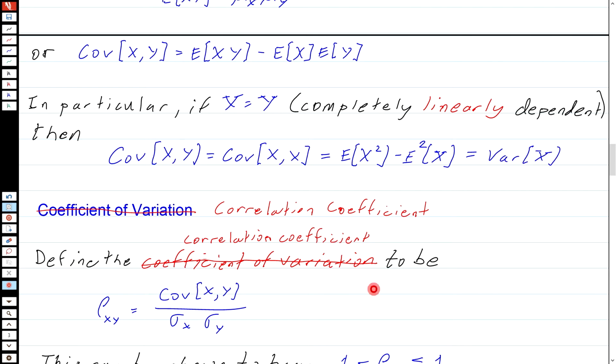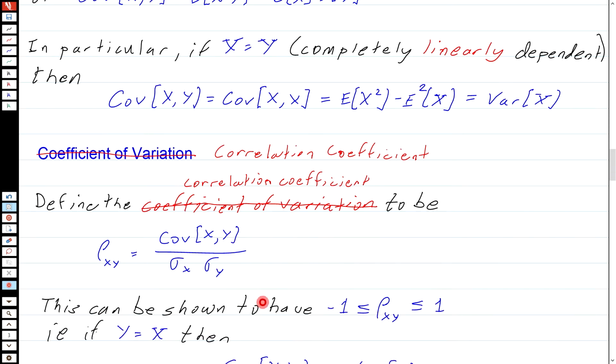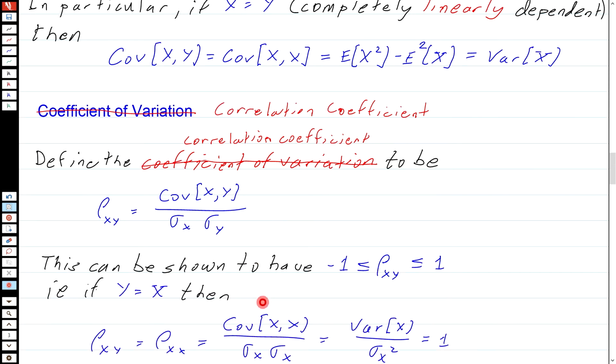So if I divide by that, I get this form here. So rho xy is covariance between x and y divided by sigma x times sigma y. And we can show that this correlation coefficient must lie between -1 and +1. The closer it is to either endpoint means a stronger linear dependence between x and y.